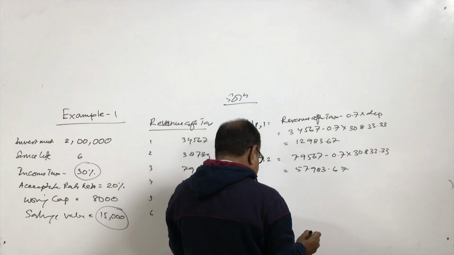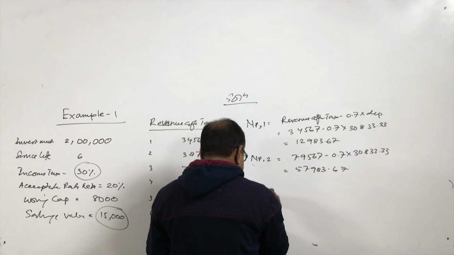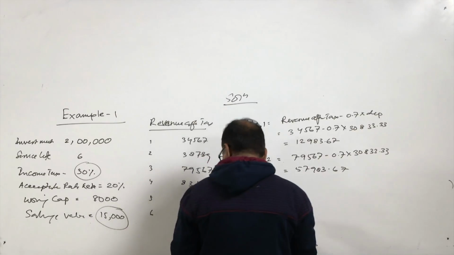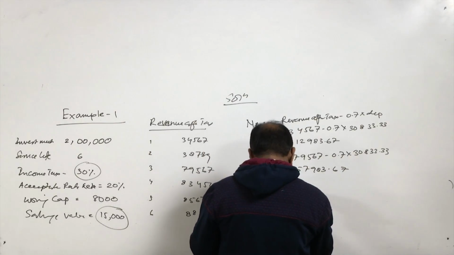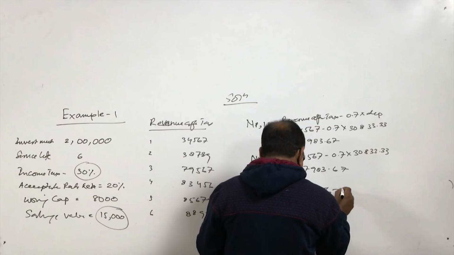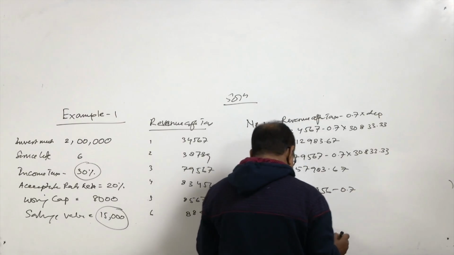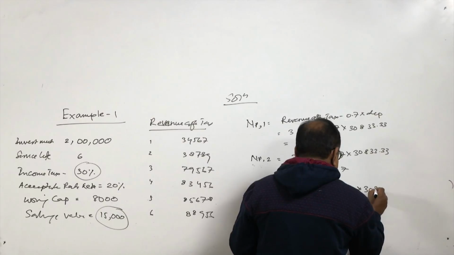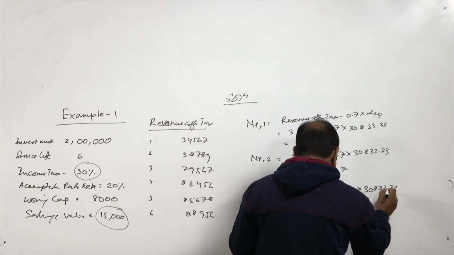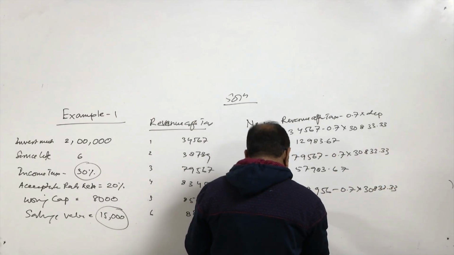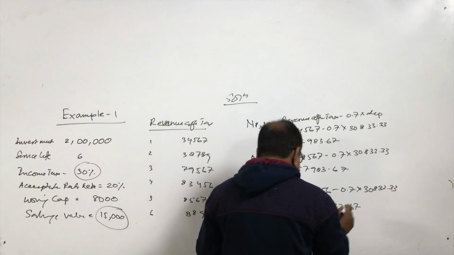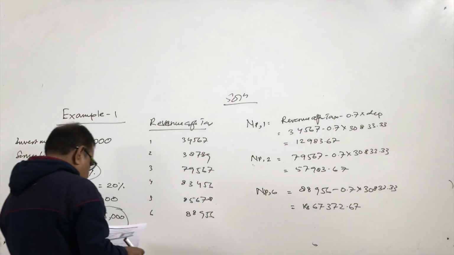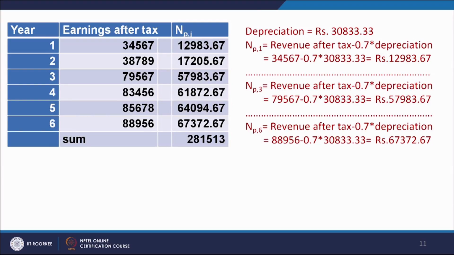And if I calculate NP6, this one is 88956 minus 0.7 into 30833.33. This comes out to be rupees 67372.67. Now these computations are here.